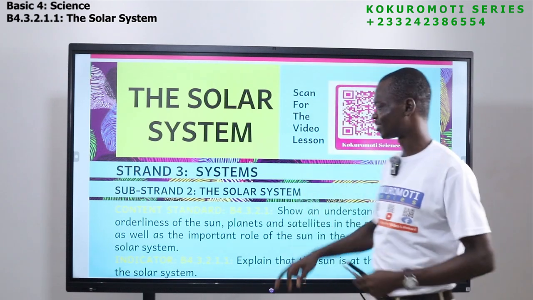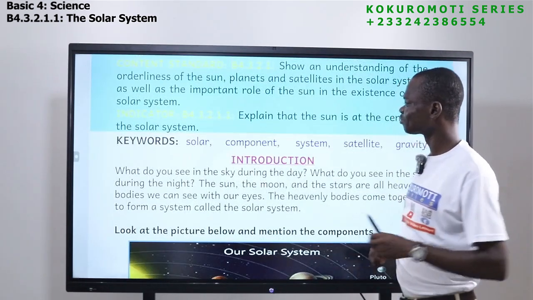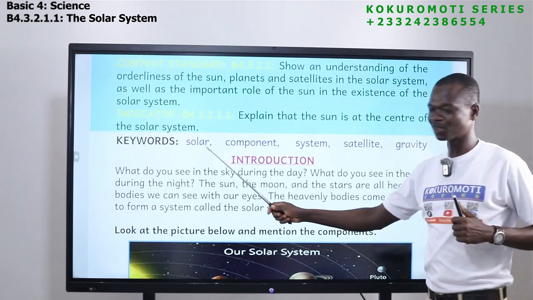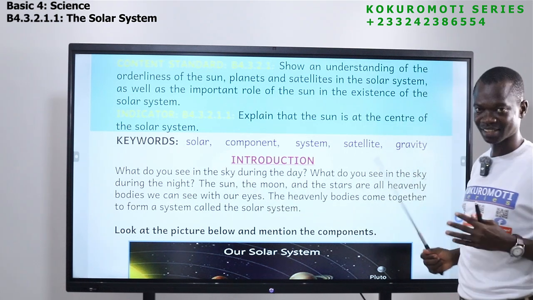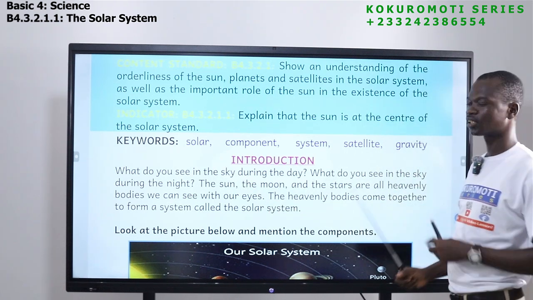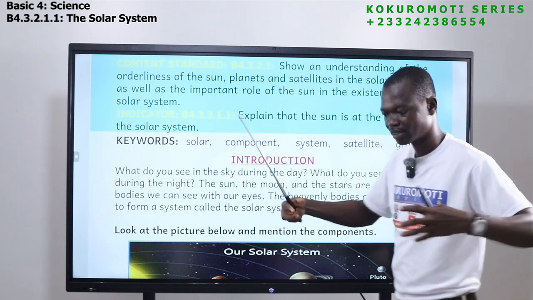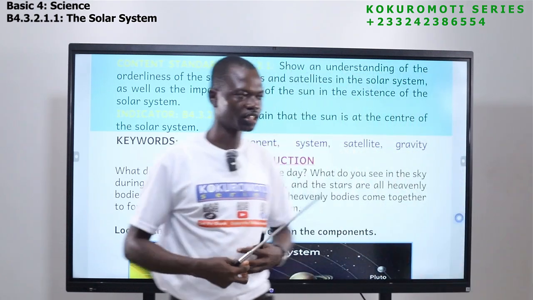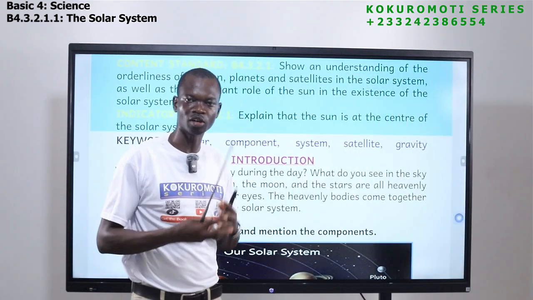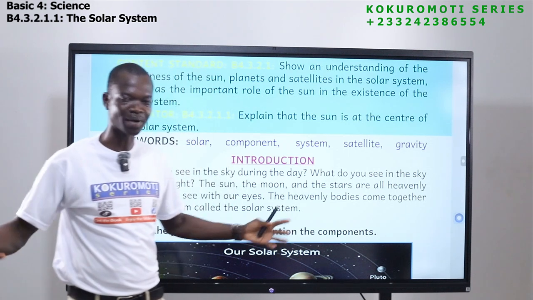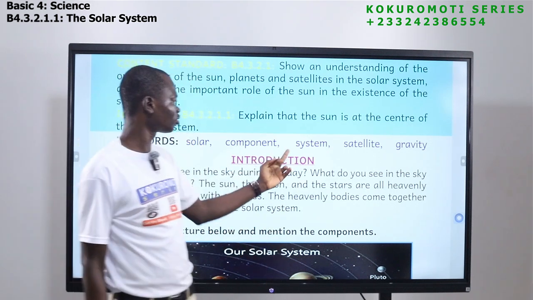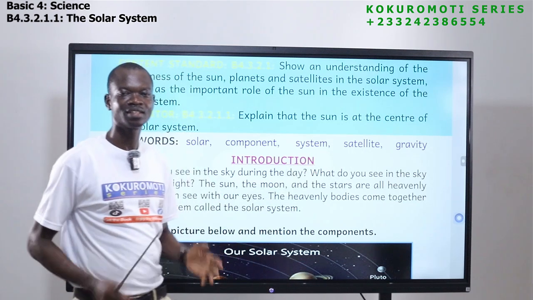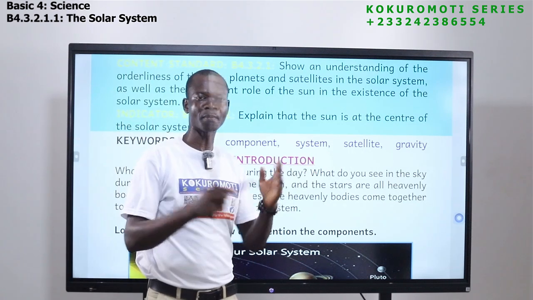Look on the board. Let's look at the keywords. The first one is solar. I've explained to you that solar is about the sun. Components. Component refers to parts. In the solar system, we have components. We are talking about the parts that come together to form the system. Now, system, something made up of different parts.